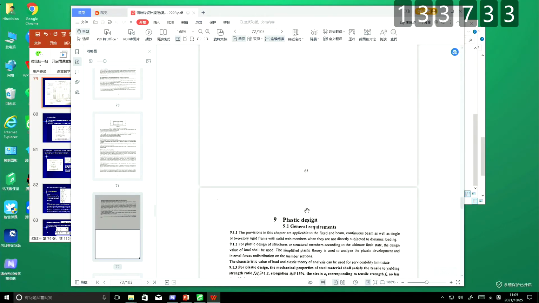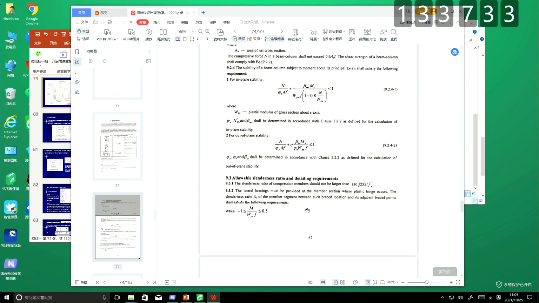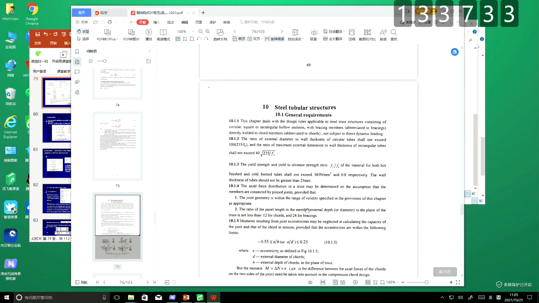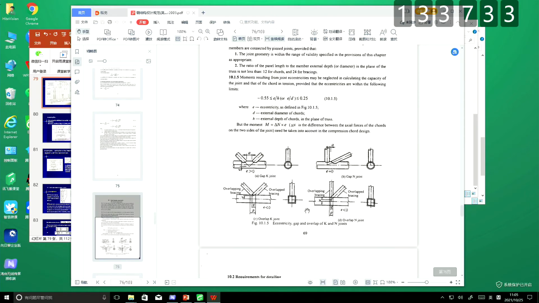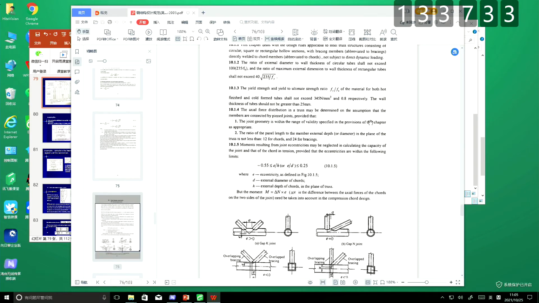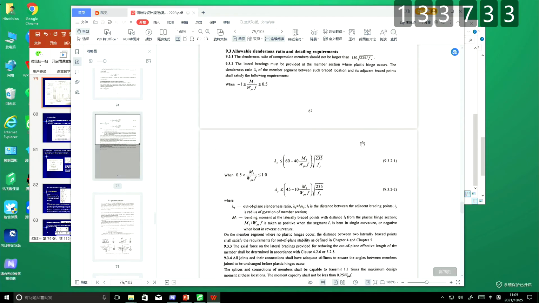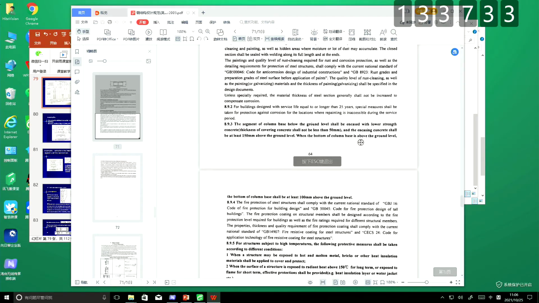This is the translation value for the Chinese code. If you have time, you can read it. The data comes from here.